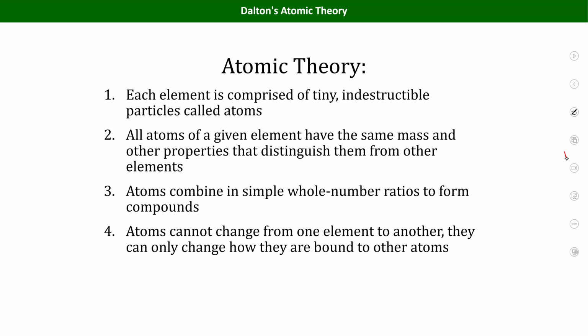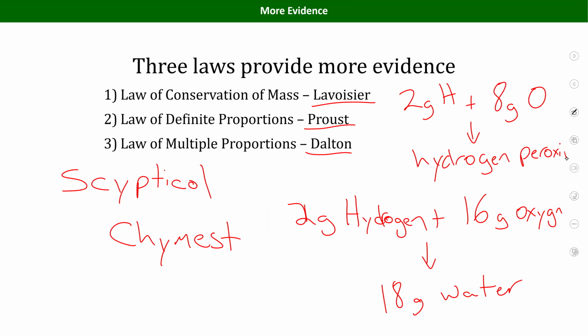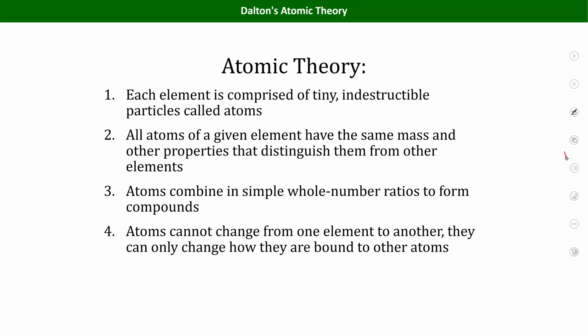All right, what's the difference between a theory and a law? Who remembers? Law explains what, theory explains the why. Exactly. Law says what, theory says why. Here are the laws. The theory takes all 3 of those laws and says this is why those 3 laws exist.